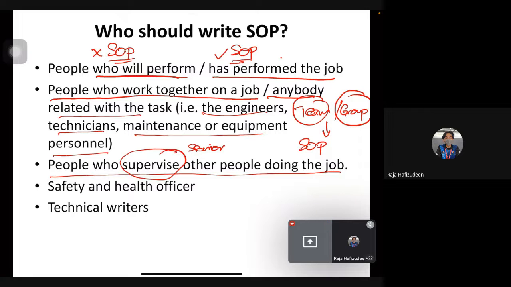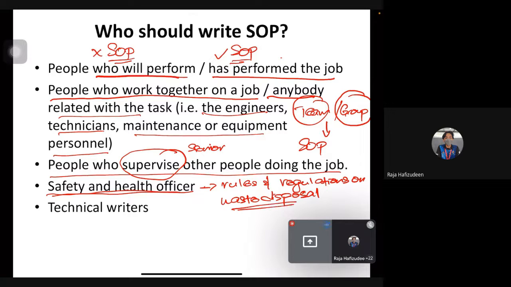Safety and health officer, for example, if they want to make sure that you follow the rules and regulations on waste disposal. So you don't have the expertise, so these people, the safety and health officer, are going to create the SOP so that you can follow it for the purpose of waste disposal.